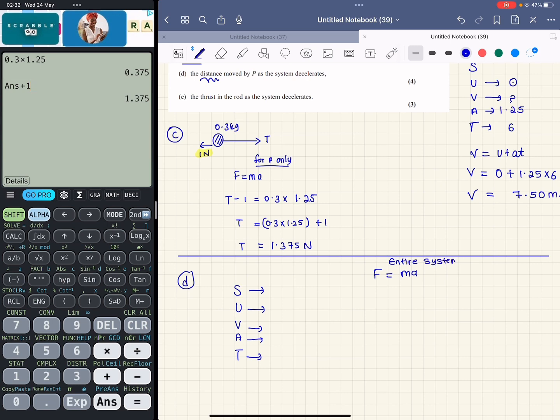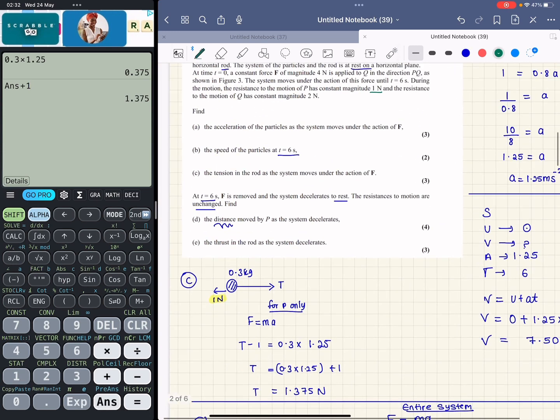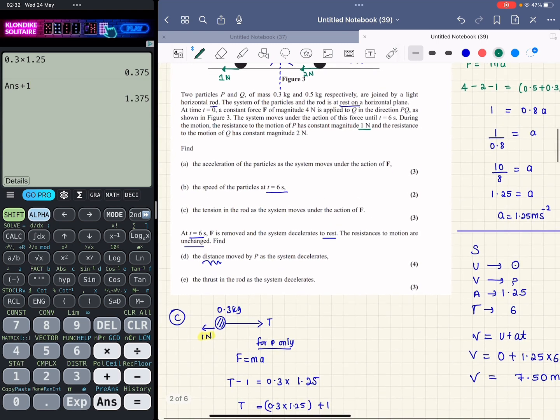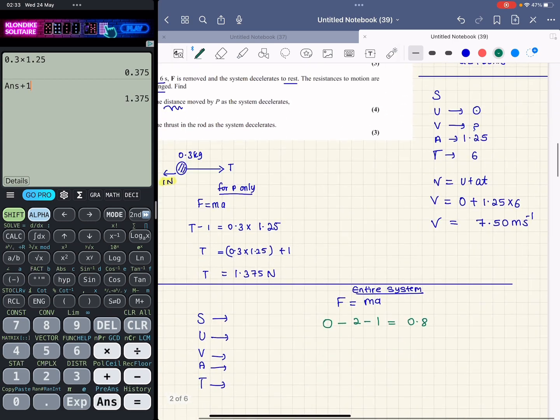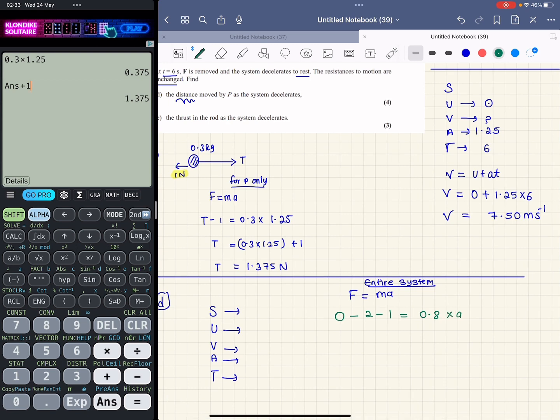For this part, forward force is 0 because we've removed the 4. And then 2 newtons is still there. 1 newton is still there. And then 0.8 is the total mass times the acceleration.